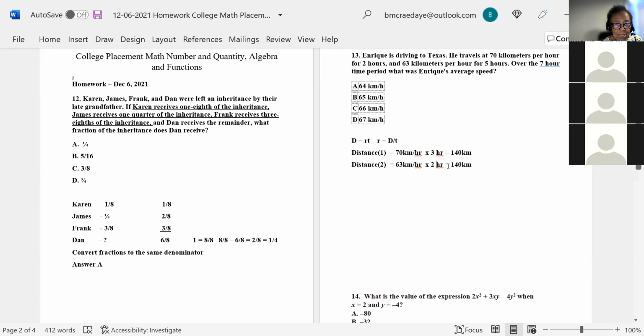So this one is what? 126? Oh, you said the 2, so the 63 kilometers times the 2 is 126, right?